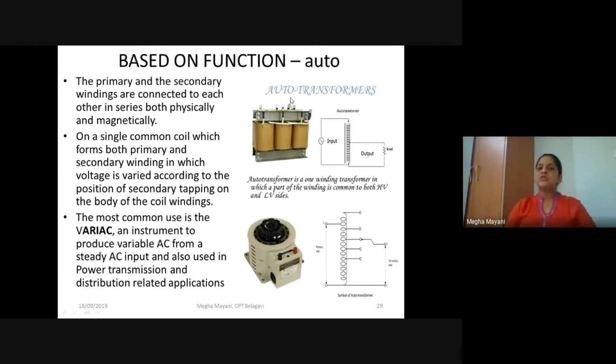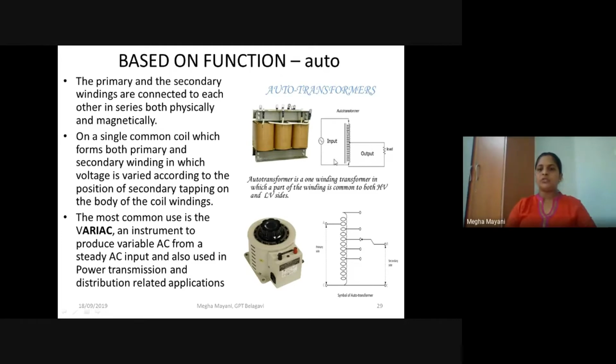This autotransformer doesn't have any link with the word automatic. Don't get confused. The word auto has come because we can easily get the output by just changing the position of this wiper. I repeat, the output at the load can be easily changed by moving this point anywhere on the coil.